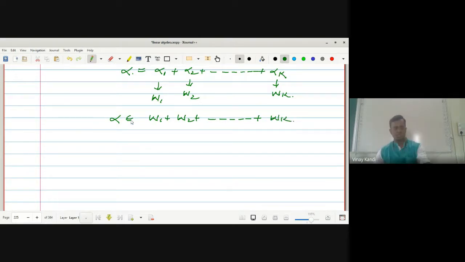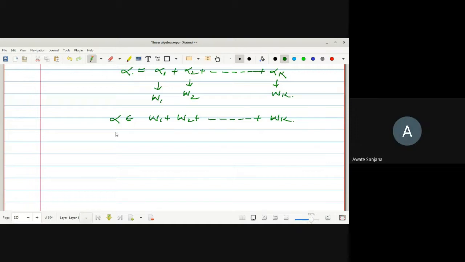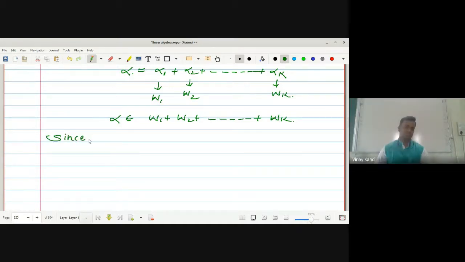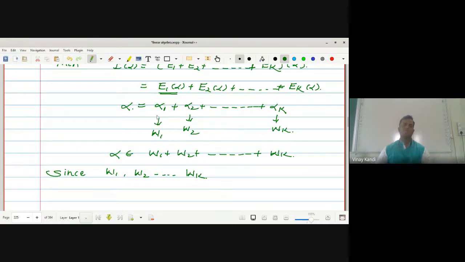Any doubt up to here? No, sir. What is the reason? Since W1, W2 up to so on WK are the ranges of E1, E2 up to so on EK respectively, alpha 1 must be in W1. Why? Because alpha 1 is equal to E1 of alpha, and the range of E1 is W1.